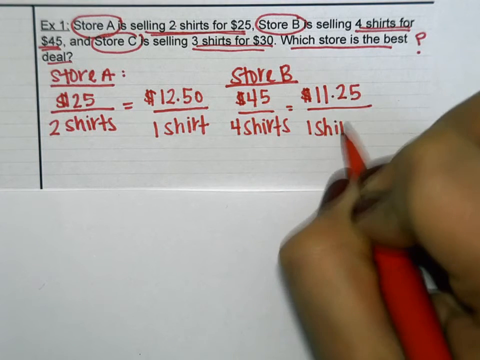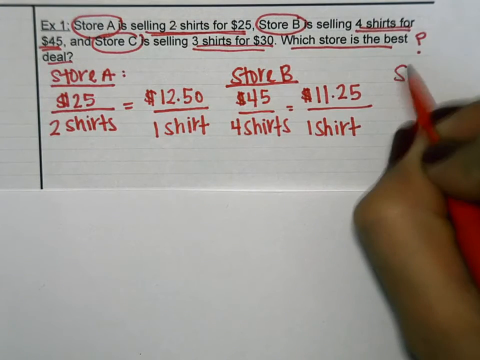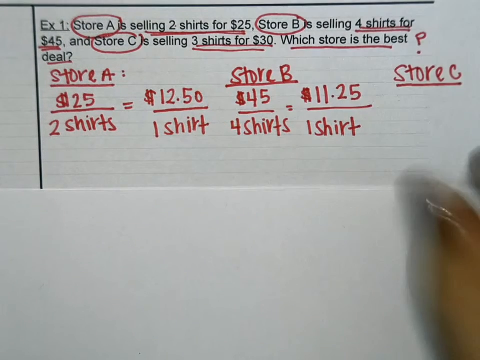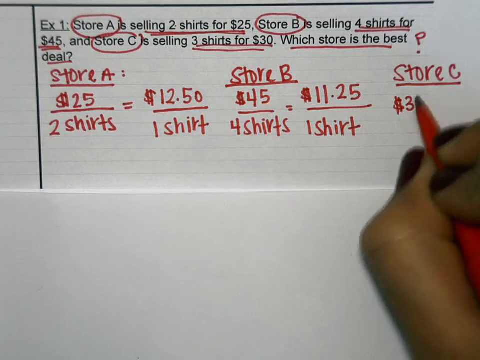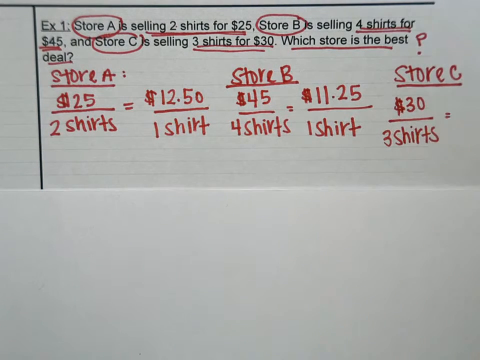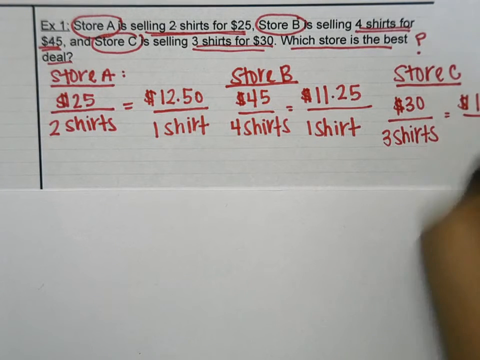And you are allowed to use a calculator here. Store C costs $30 and you get 3 shirts, which reduces to $10 for 1 shirt.